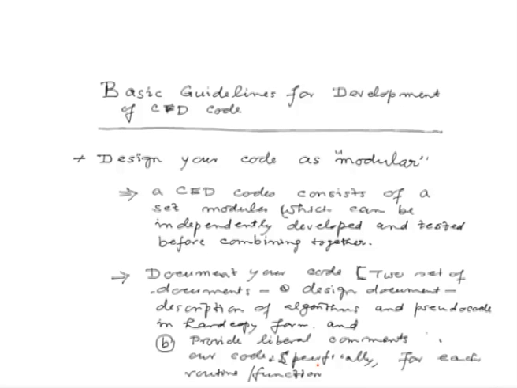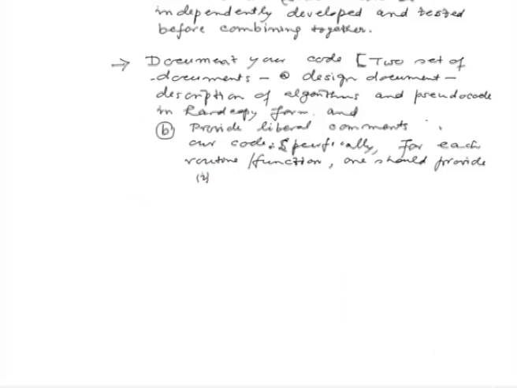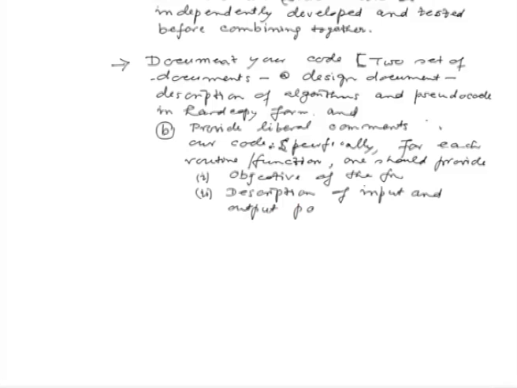For each subroutine or function, one should provide, number one, what that function does, the objective of the function; the second, a description of input and output parameters; and you should also put a date stamp.